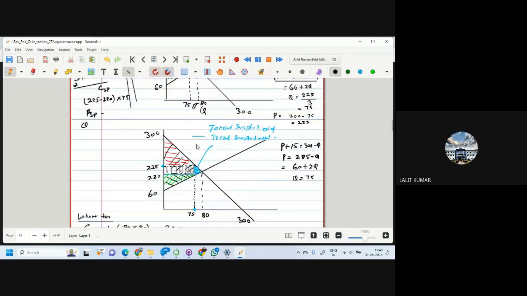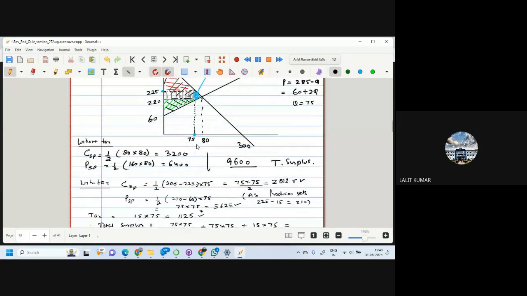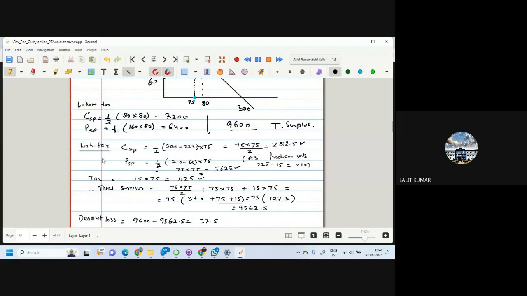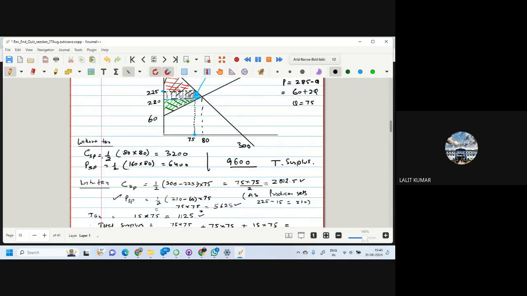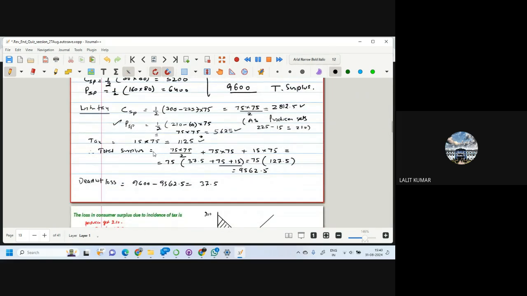So here these are the calculations. With tax now, like I said, 75 into 75 into 1/2, producer surplus becomes 210, because now he will get only 210. 210 minus 60 into this, and the tax will be 15 into 75.